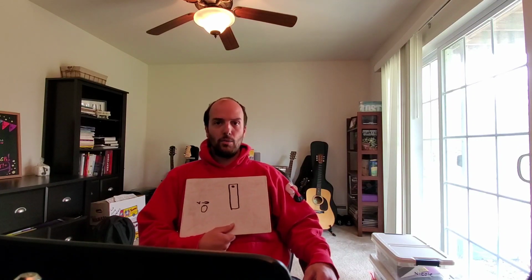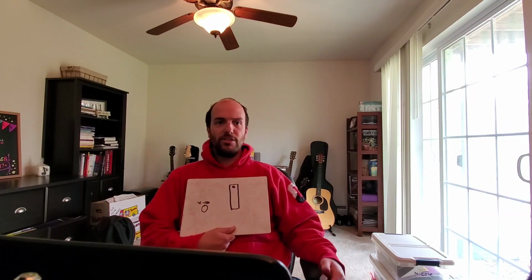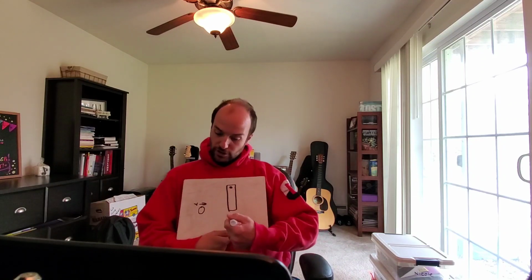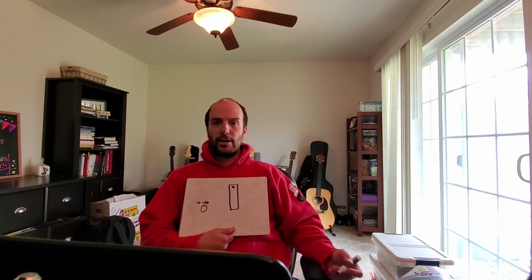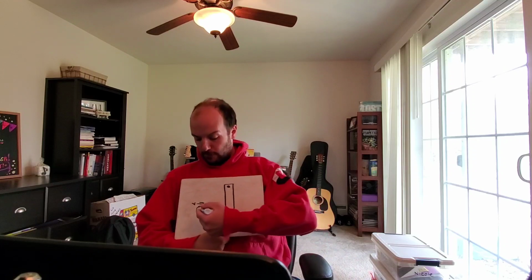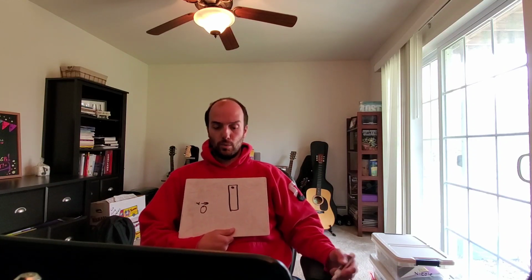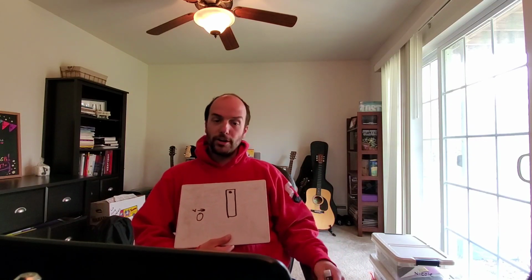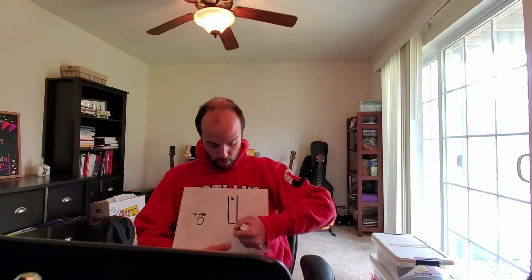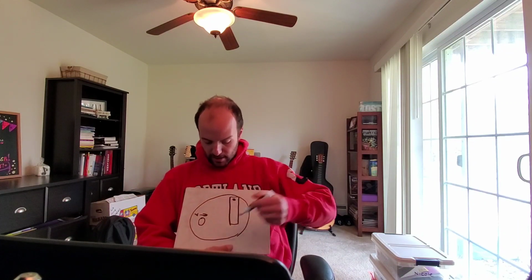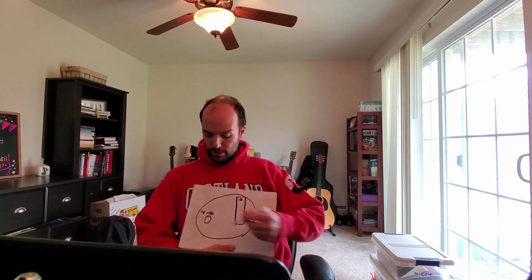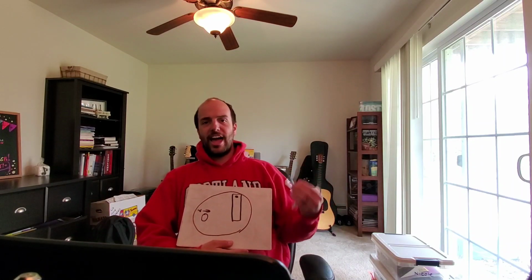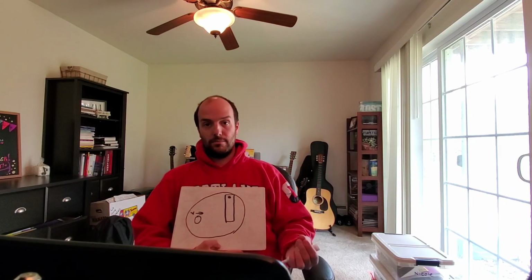Question might ask, what is the angular momentum of the system after the collision compared to the angular momentum of the system before the collision? Well, what we're going to do here is take this whole thing. We're going to take the rod and the stone or the lump of clay, whatever this thing is, and say that is the system.